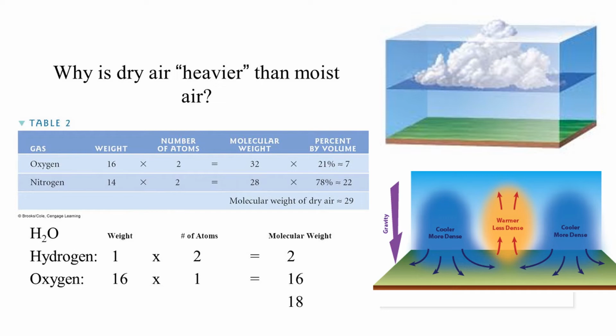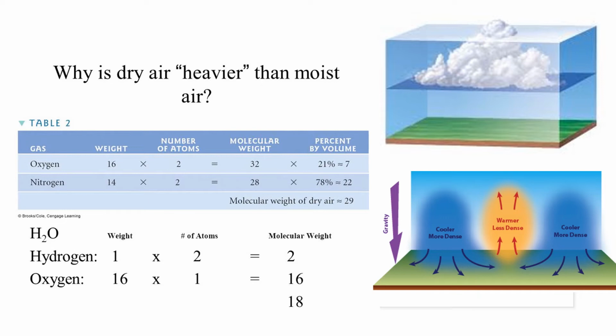Well, water vapor is composed of 2 atoms of hydrogen and 1 atom of oxygen. It is an invisible gas, just as oxygen and nitrogen are invisible. It has a molecular weight: 2 atoms of hydrogen, each weighing 1, and 1 atom of oxygen with atomic weight 16.